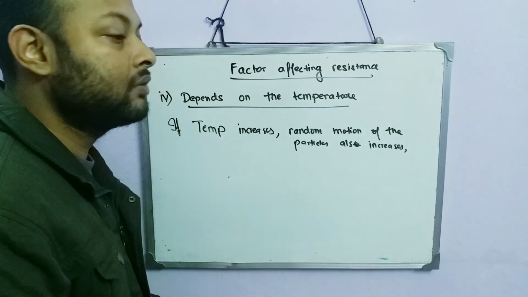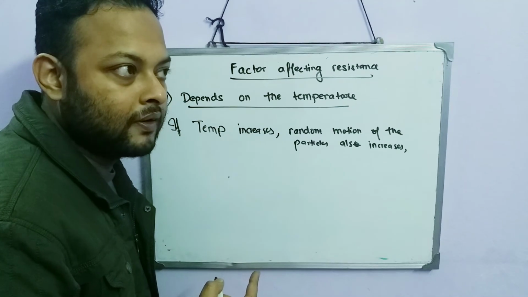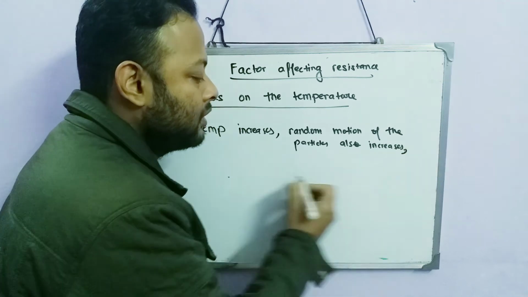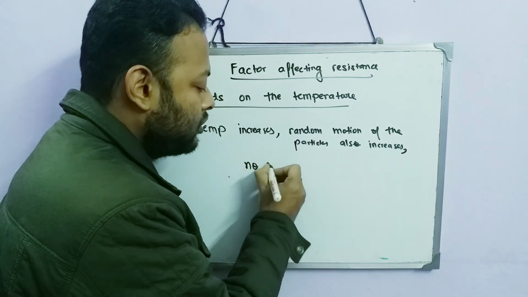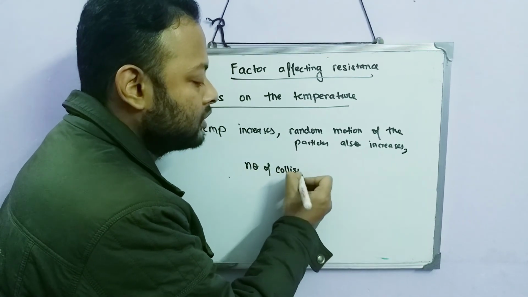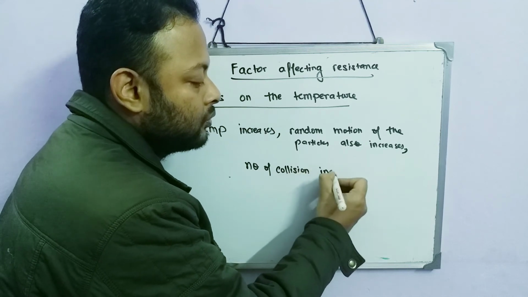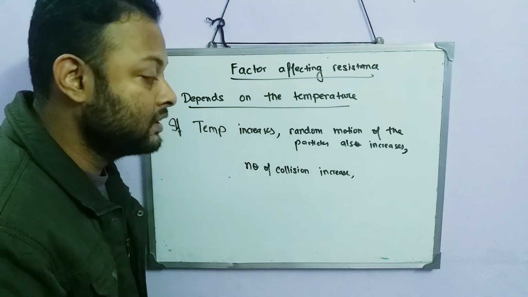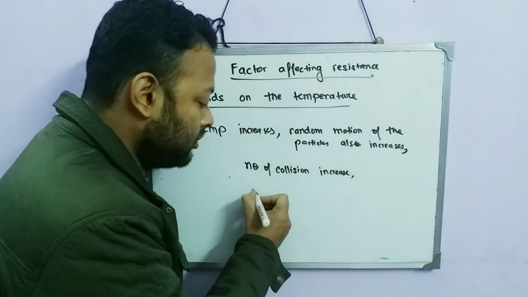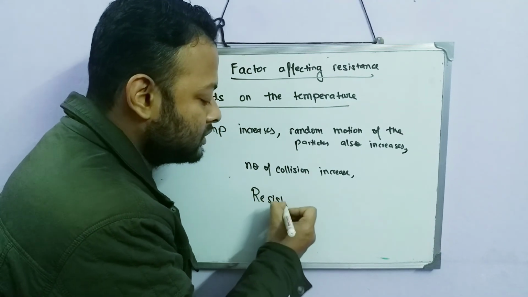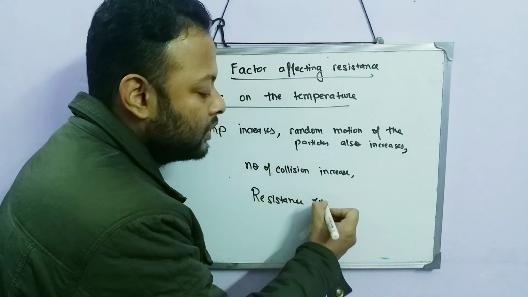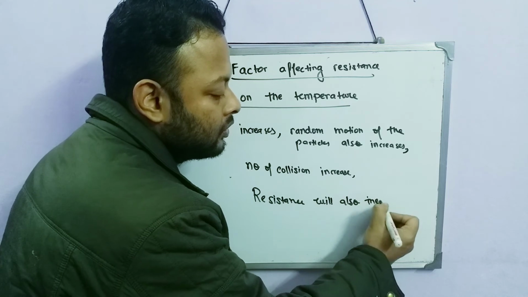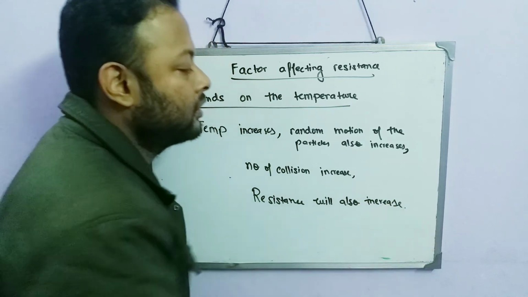If random motion of the particles increases, then the number of collisions will increase, and if the number of collisions increases, then subsequently the resistance will also increase.